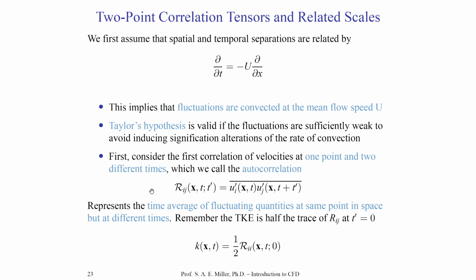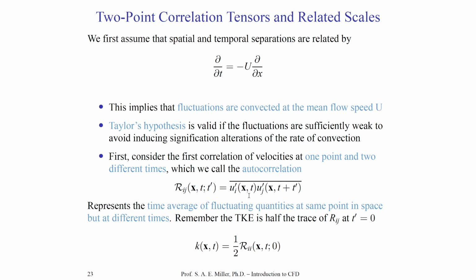Let's now consider the first correlation of the velocities at one point at two different times. We call these operations autocorrelations. Now, recall the Reynolds stress. We do indeed have off-diagonal terms. For example, i equals 1 and j equals 2. Here, we write ui prime, uj prime. The arguments are x for both terms. That means they're at the same position. And we have times t and t plus t prime.